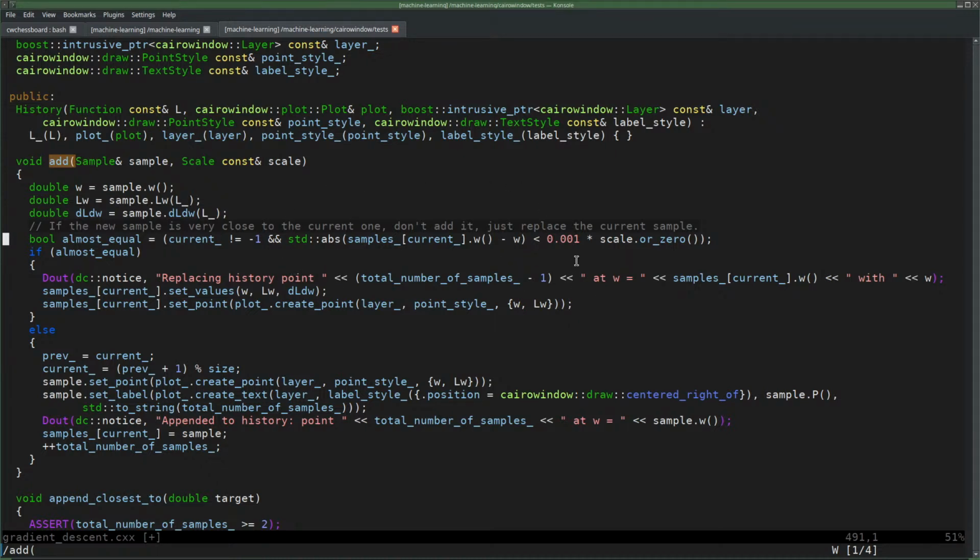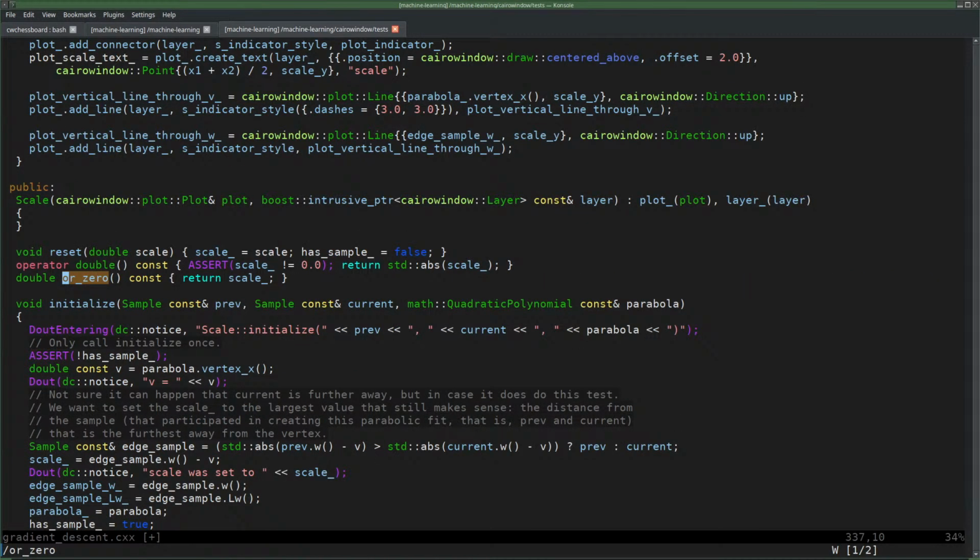So maybe what I should do is say that the absolute value is less than, maybe if it is 0, I should just return 10 to the power minus 30. It gets dirtier and dirtier. The feeling I'm patching one hole with the other at the moment.